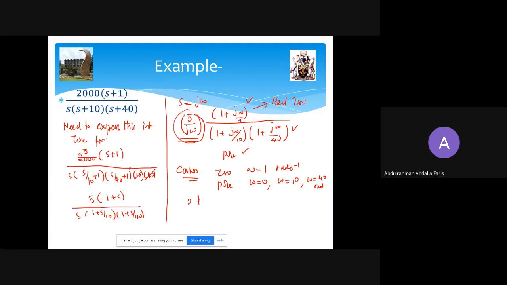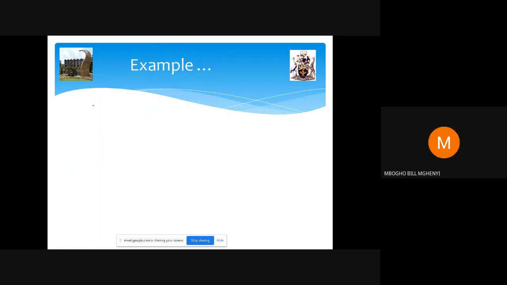First step, you plot this. We know 20 log 5 is 14 dB. So you mark this point at omega equal to 1. If this is 0 dB, and this point is 0.1, the next one is 1, then 10, and then 10 to the power of 2.